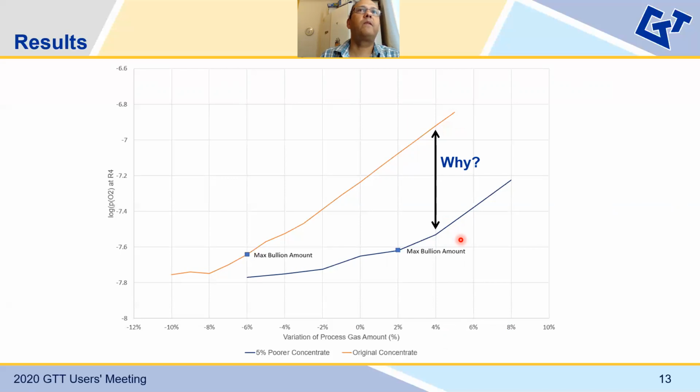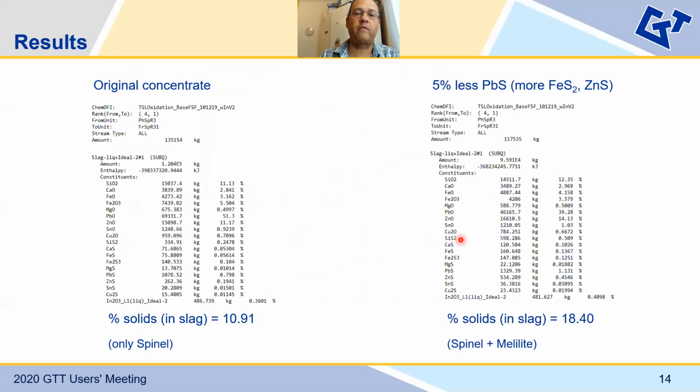To try to clarify this, we took a look at the phases. I mean, which phases do we have at the end of the process in each reactor, in each zone, for this situation? That is to say, for a situation where you have 4% more process gas than the original one, and for both scenarios, original concentrate and 5% purer concentrate.